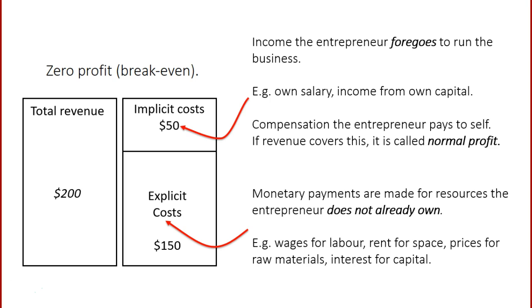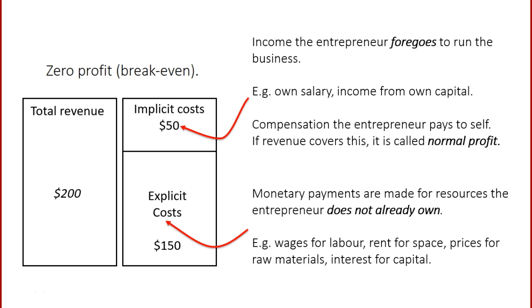Okay? They might have had some amount of money in the bank or in government bonds or in the stock market or something like that, which could have been generating an income for them, but they've taken that money and used it in their own business. So they're not generating a revenue or an income from money that they could have spent on something else because they've used it to buy capital equipment, for example.